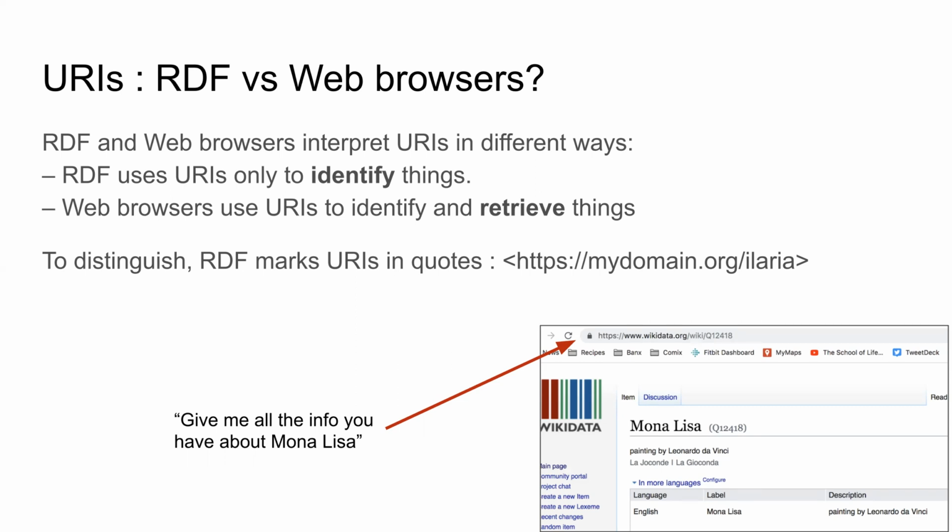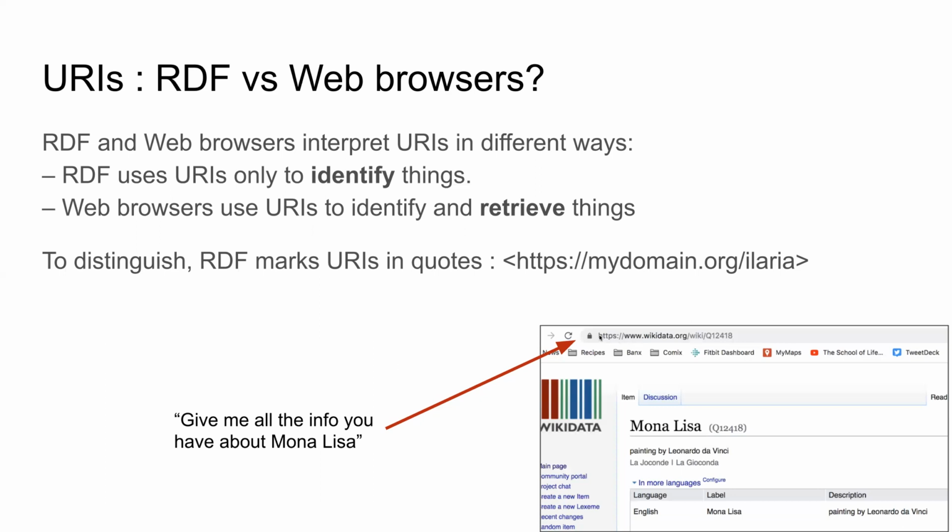In order to distinguish them, when we write files in RDF, we use opening quotes and closing quotes to distinguish whether we are talking about the URI that is accessible via a web browser or the URI that is written in our RDF files.